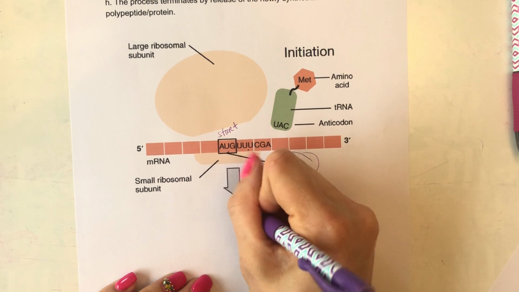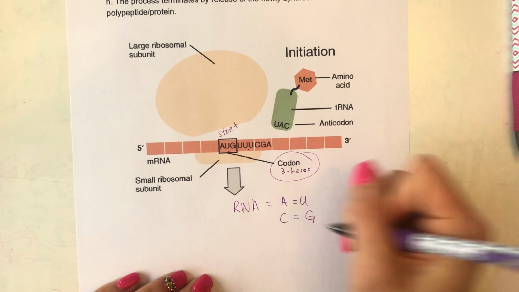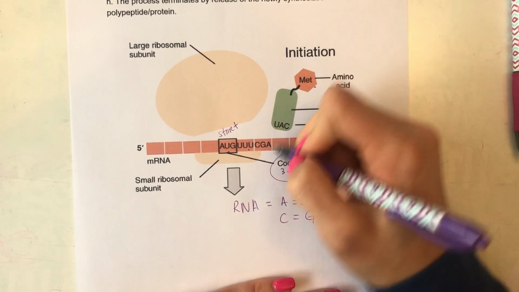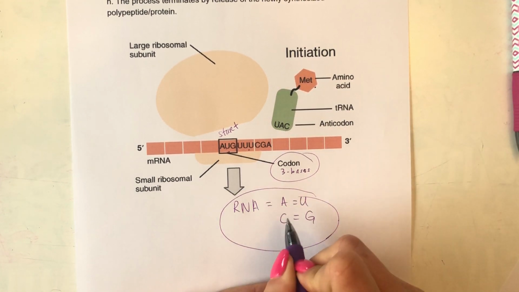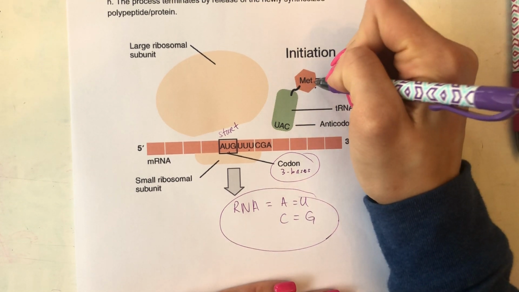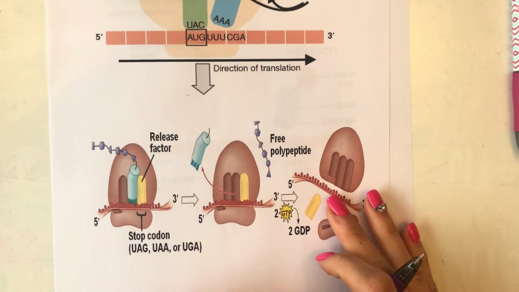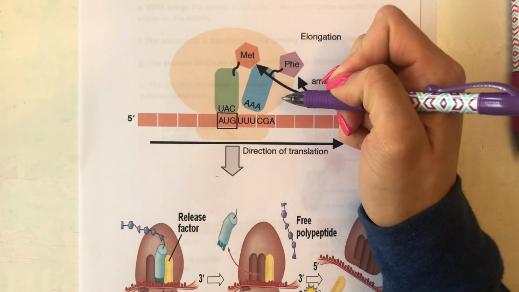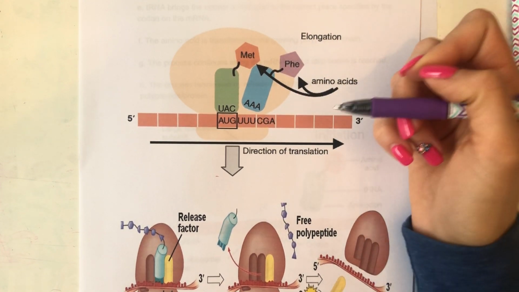RNA now has these rules: A pairs with U, C still pairs with G. And you can see here, our start codon AUG is going to pair with UAC. Those 2 pair together using those complementary base pairs, and it drops off the amino acid. Okay, and that's going to continue as the ribosome reads through the specific mRNA sequence, codon after codon.